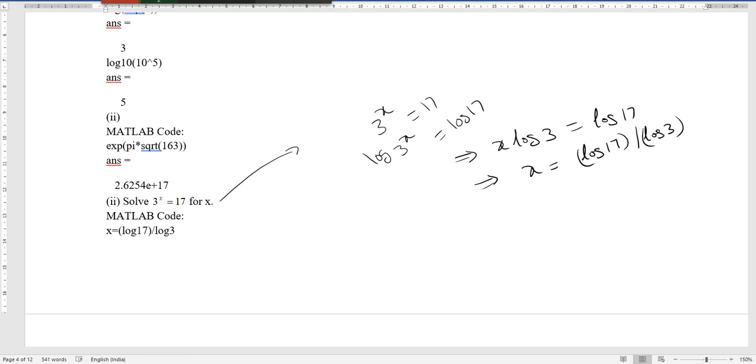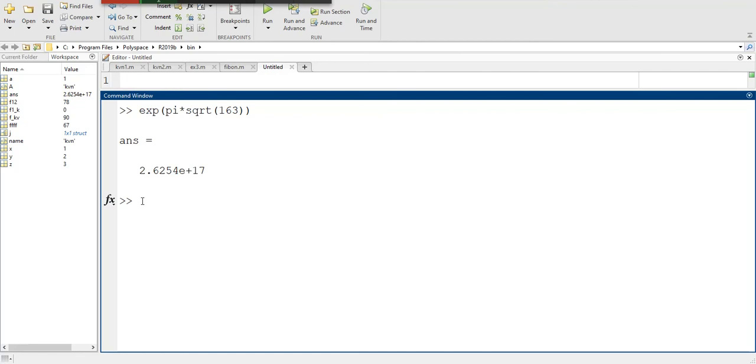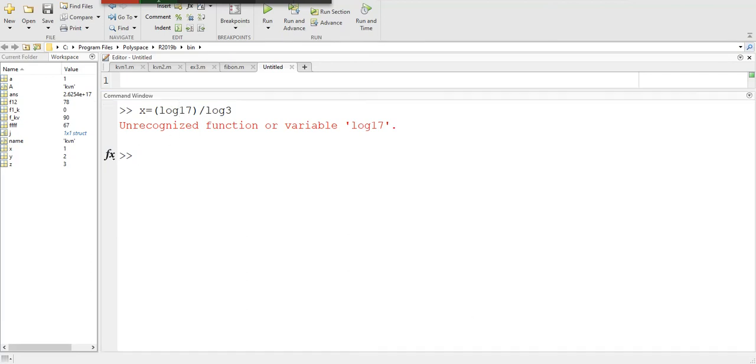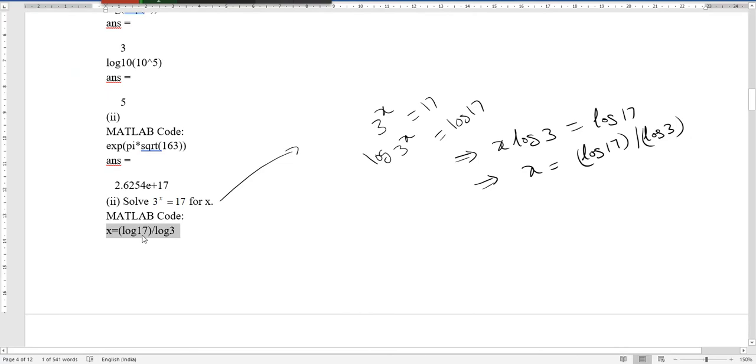We want the output, that's why I am not writing the semicolon at the end. clc. Okay, somewhere there is a mistake. What happened? What is the mistake here?